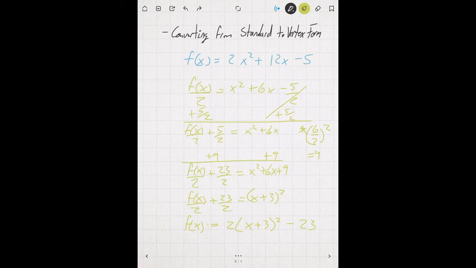The reason is that otherwise you wouldn't end up with the exact same function that you're working with, okay? And you might say to yourself, how do I know that these functions are in fact the same thing? What's to say that they are? Well, why don't we work backwards to show that this is in fact the same thing as the original function?